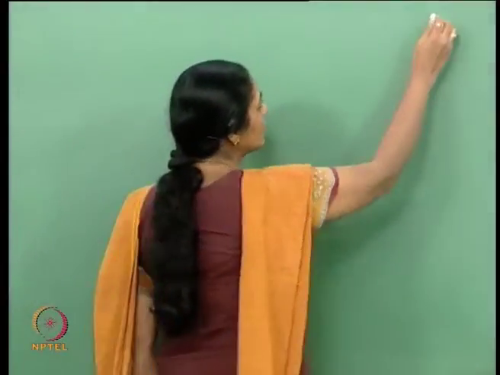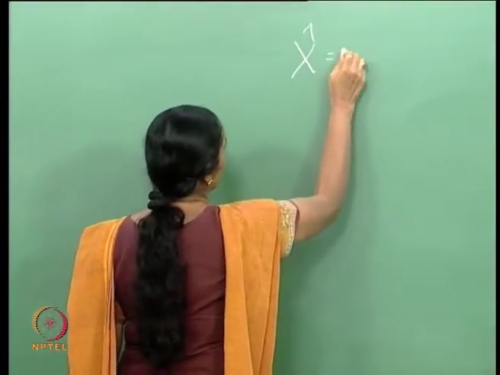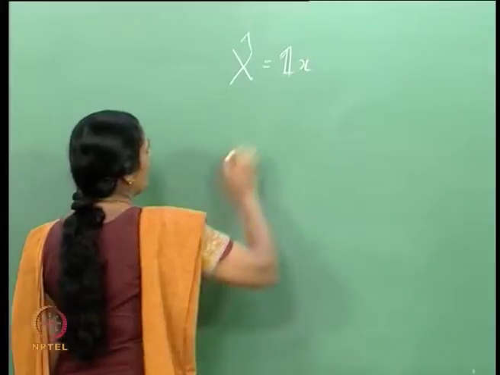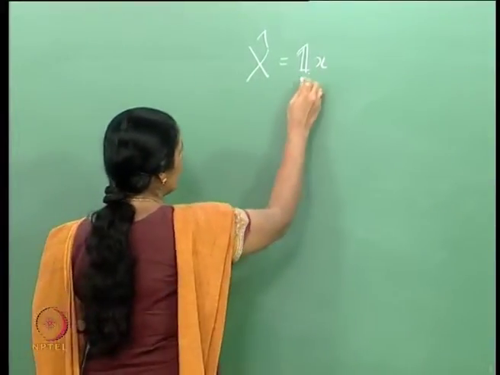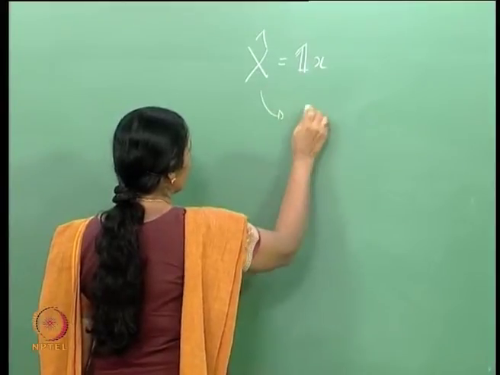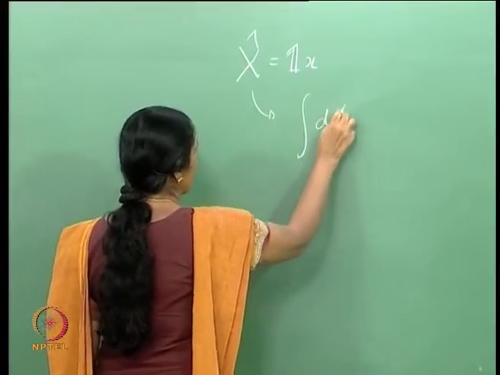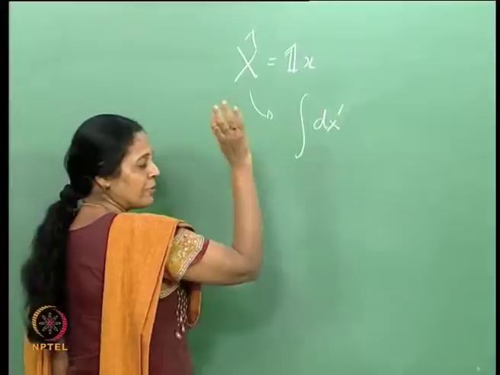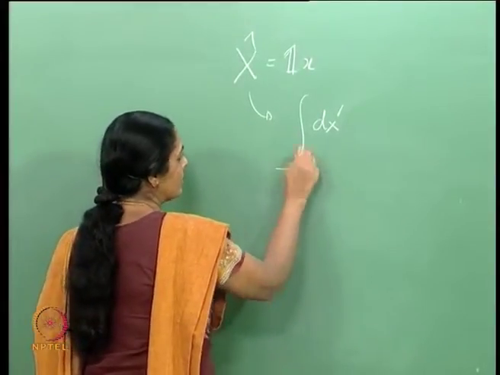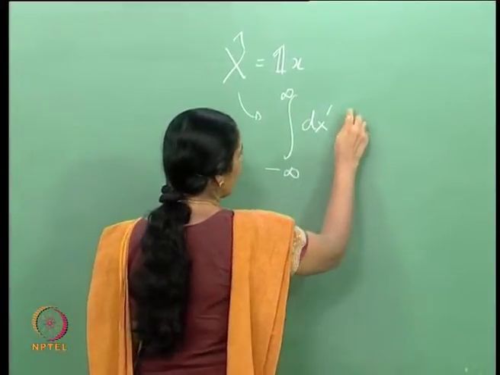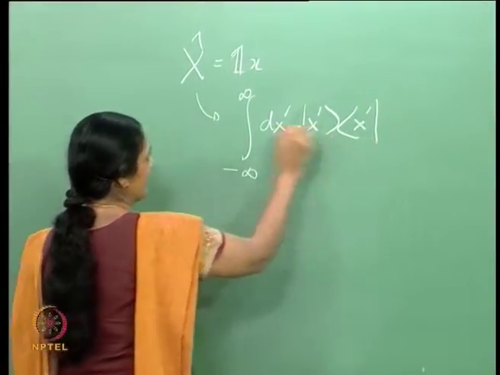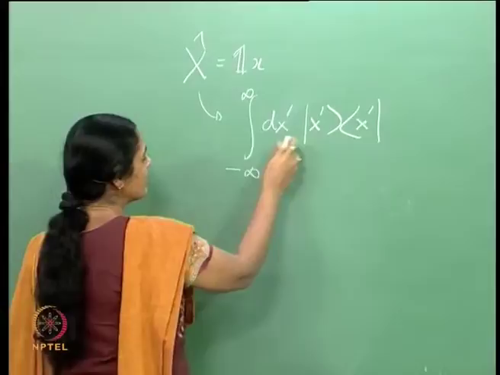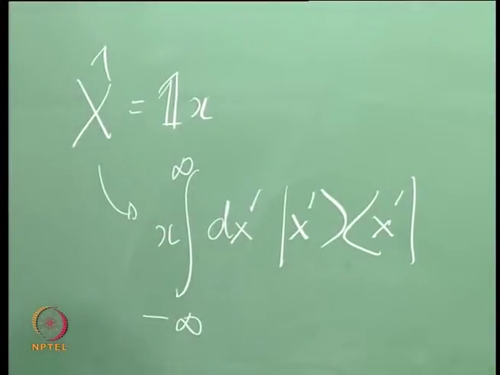So let us see how this operator x acts on the position basis. So I am going to write this as integral dx prime. Let me work in the range minus infinity to infinity. This is the identity, and then x is a variable. I can just pull that out.